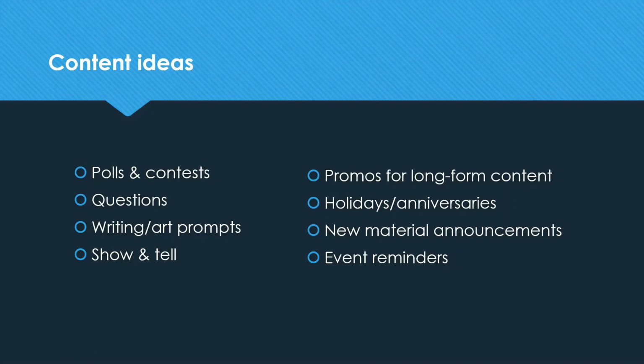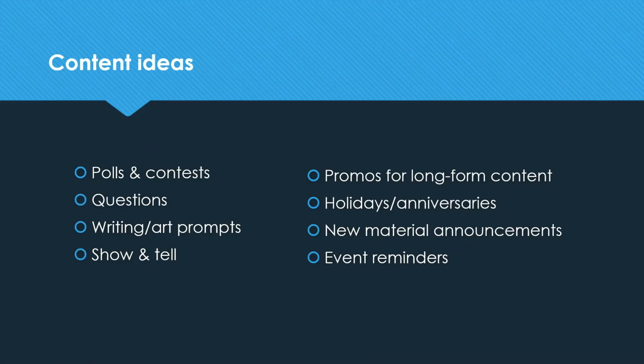Like I mentioned earlier with the blog post for book reviews, you can essentially use Facebook as a way to promote your more long form content. Obviously, you don't want to be doing that constantly, but that's part of what your social media channels are for. You can talk about holidays and anniversaries, whether they're big national holidays or local anniversaries, or goofy things like Donut Day. And you can do different graphics and different stuff for that.